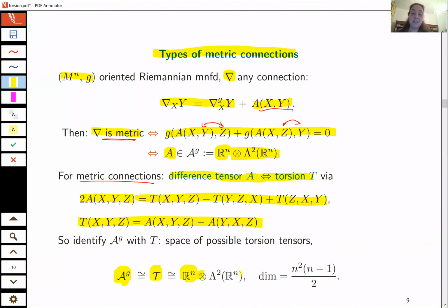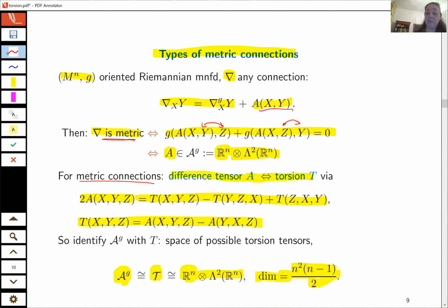It's this tensor product of Rn times two forms. And as a vector space, or section of tensor bundle, if we don't take the local picture, the dimension of this space is n squared times n minus 1 over 2.